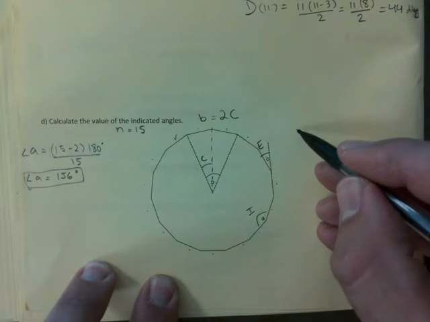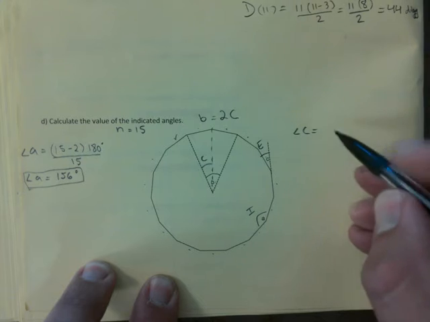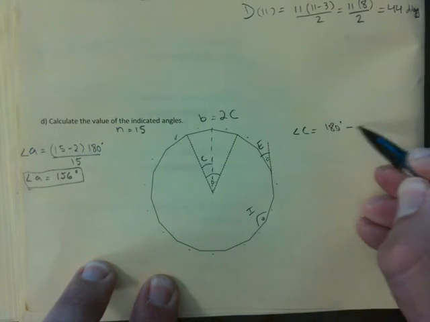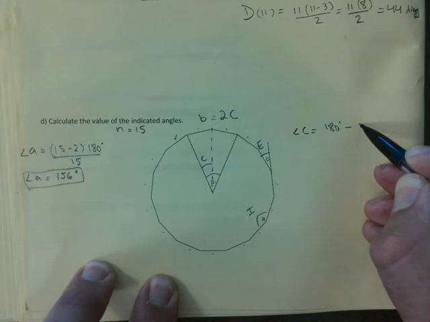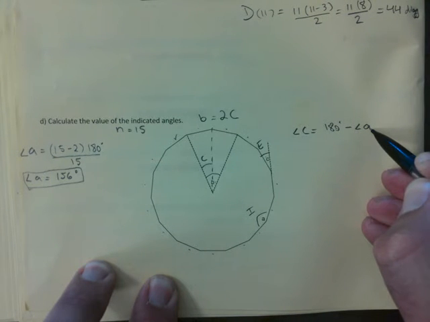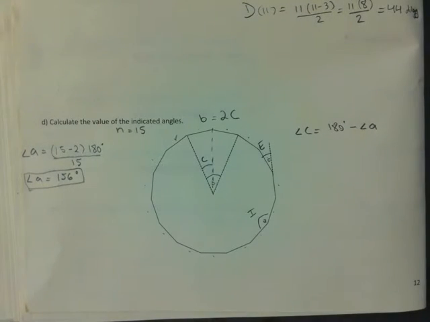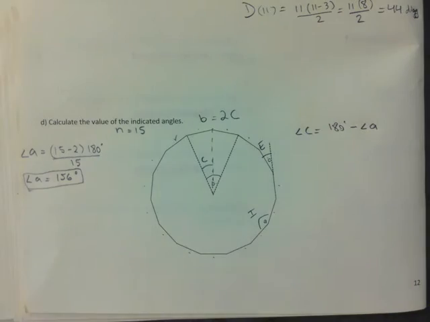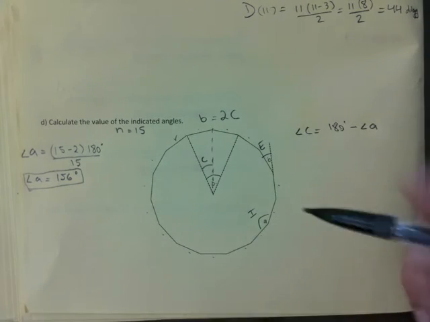Okay, I'm going to go with angle C. I will just go 180 minus angle A, correct? I like this one way more than actually using the formula. Would you agree with that? I might be rushing. I don't want to rush to something that you don't understand. I want you to understand that this angle is the same.